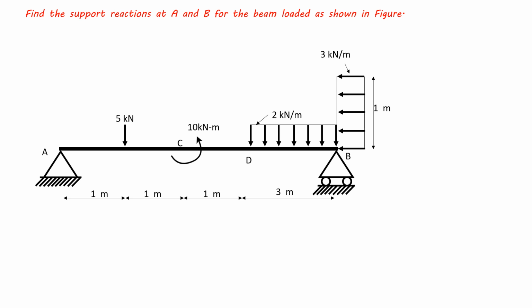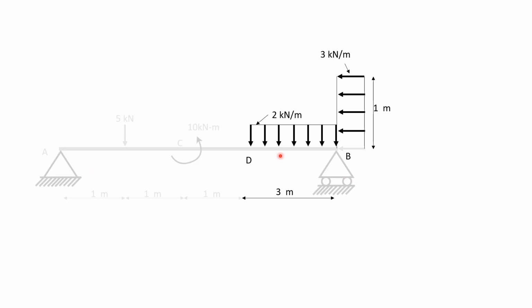Now this is a simply supported beam, and this is a roller. This is a simple support and this is a roller support. Now this is a rectangular load and this is also a rectangular load.